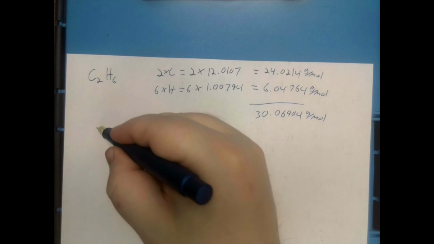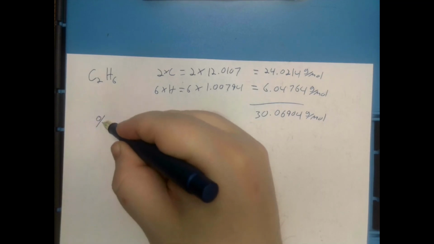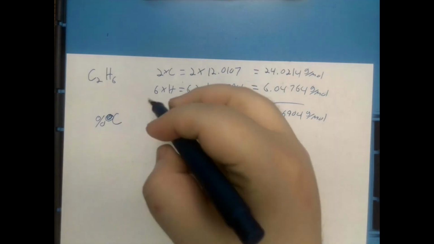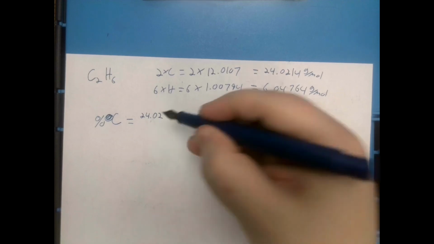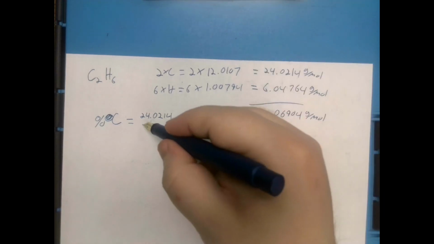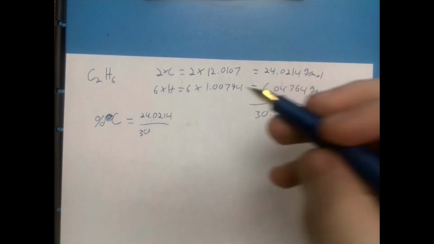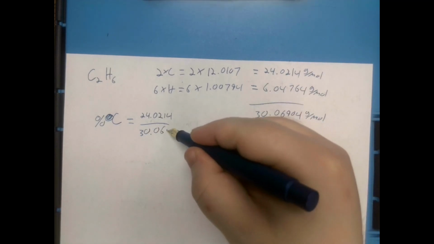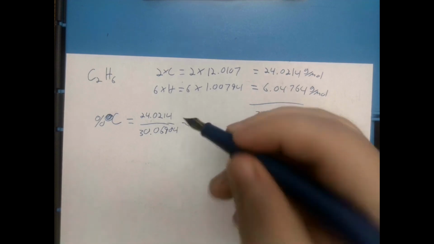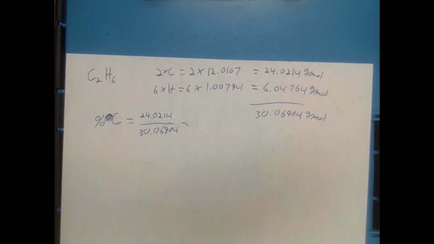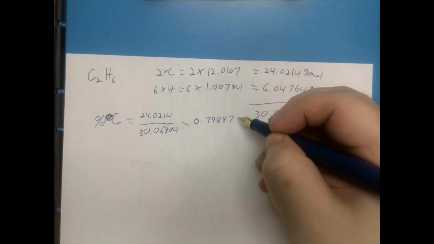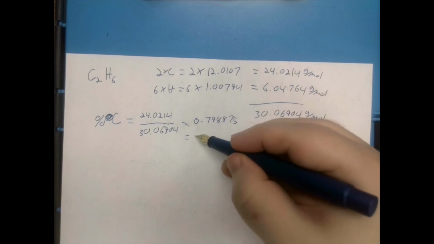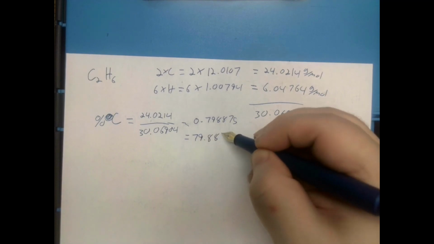So the percentage of carbon, so percent carbon, would equal 24.0214 divided by 30.06904. Which is 0.798875, and written as a percentage, that is 79.8875%.